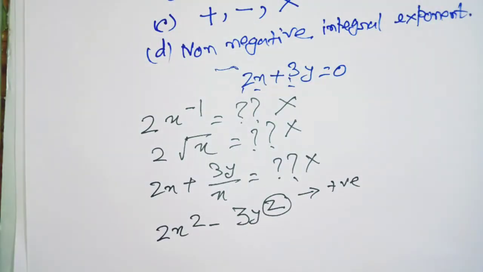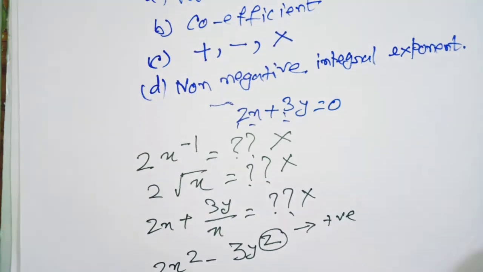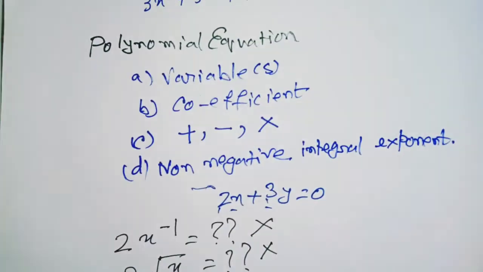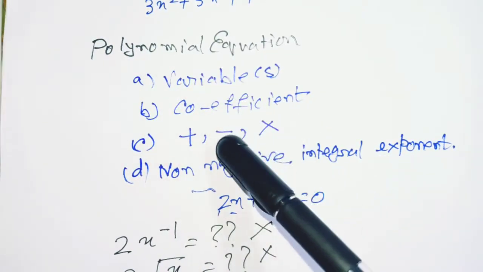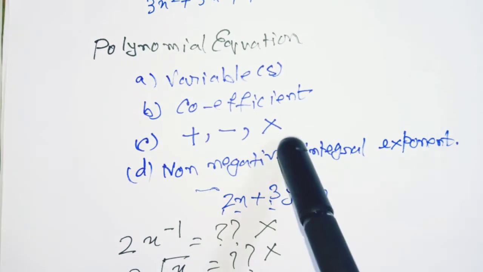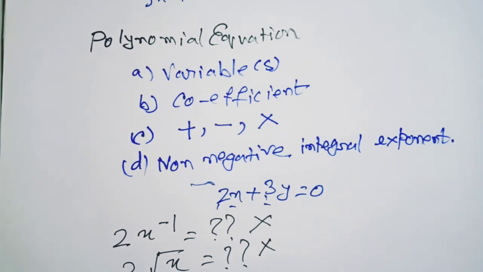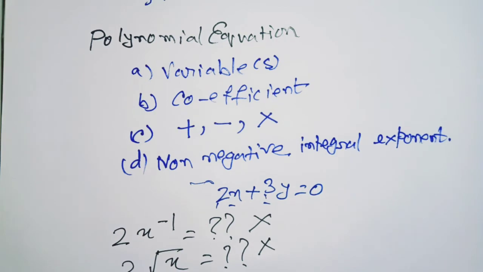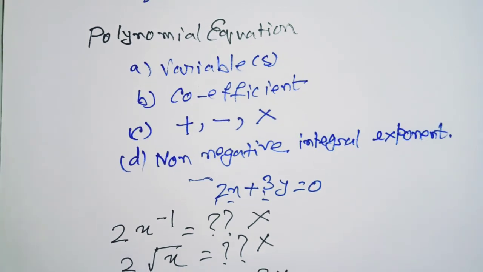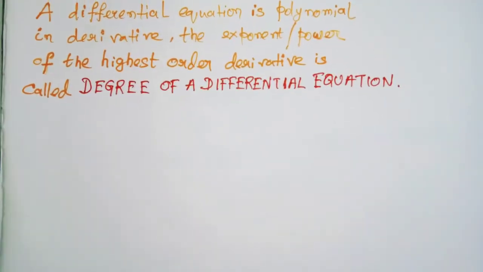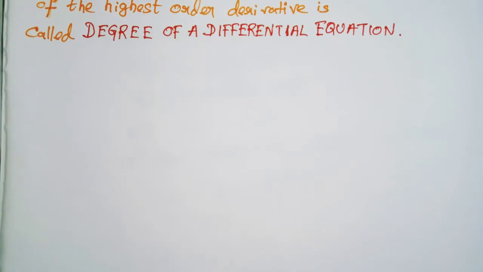In order to be a polynomial in derivative, it has to satisfy these rules: variable, coefficient, addition, subtraction, multiplication, and non-negative integral exponent. And there are certain other things: it should also not have any trigonometric function. I will just show you some examples so that you can understand.